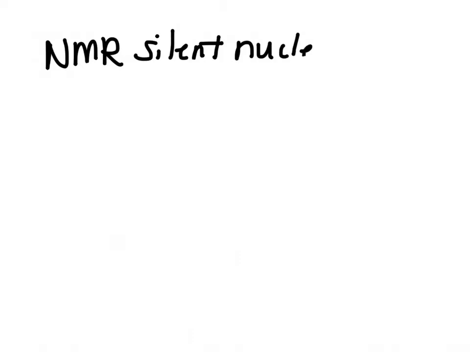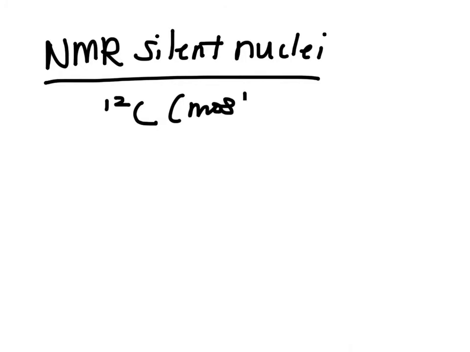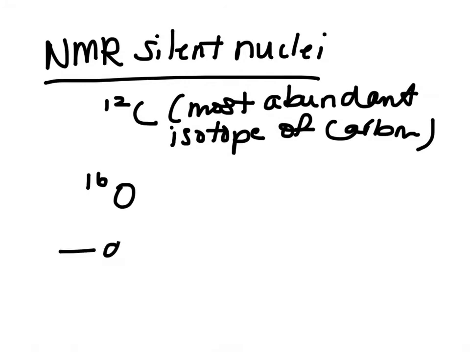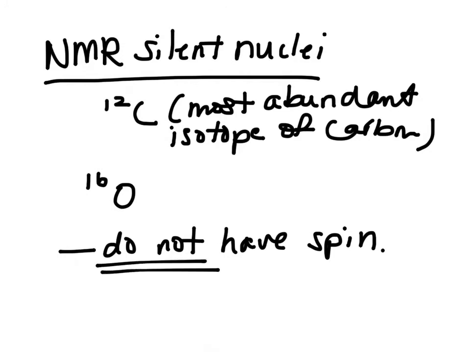Some of your NMR silent nuclei would be carbon-12, the most abundant isotope of carbon, and the most abundant isotope of oxygen. And so these silent nuclei do not have spin.